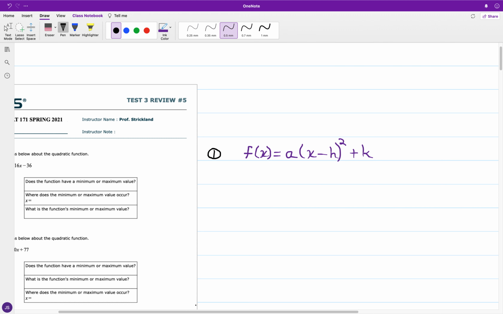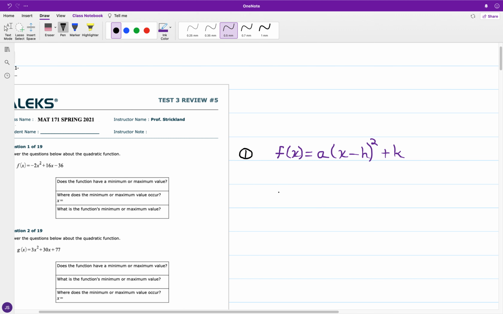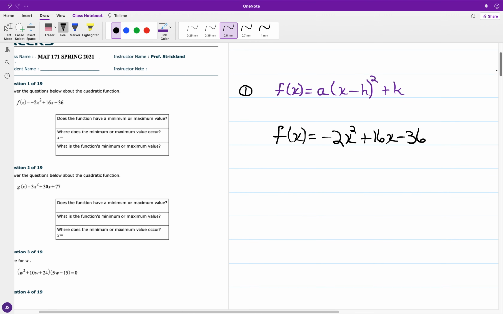And for f of x we have f of x equal to negative 2x squared plus 16x minus 36. If I take this standard form and put it in the vertex form, I'm going to start out separating the variable terms apart from the constants.